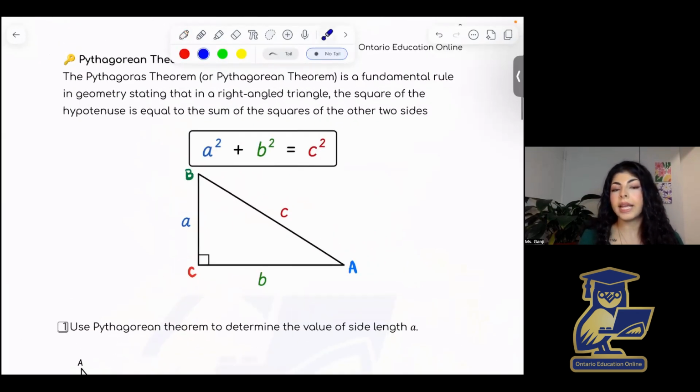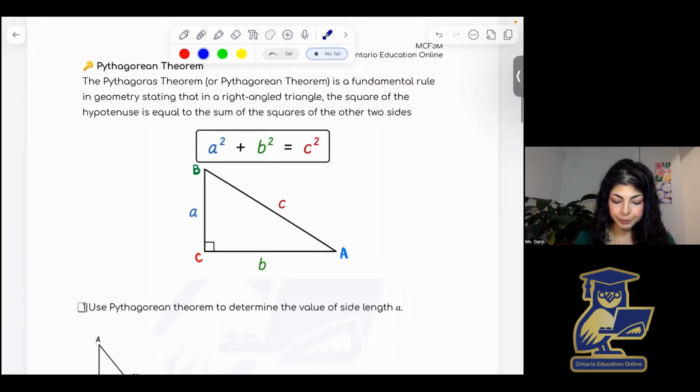Now, this is a standard, but of course, you can always change the variables around as long as you know that the two sides that you're adding are the legs, and the one that is on its own is always the hypotenuse, which is the longest side in the right triangle.